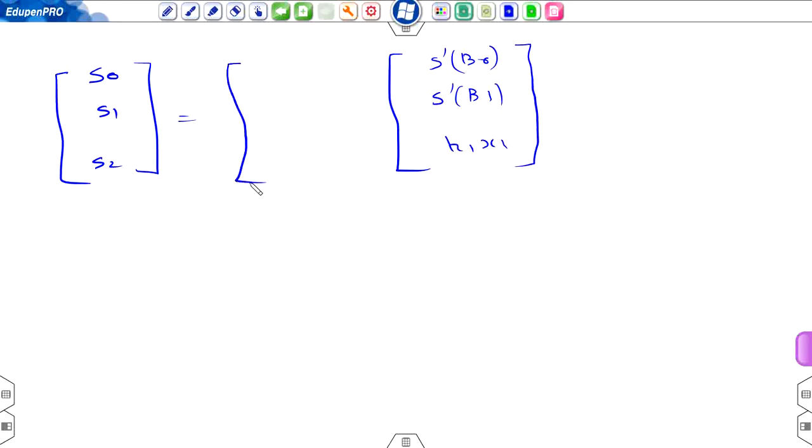Since this is a 3 cross 1 matrix, 3 rows are mandatory, so 3 rows are also mandatory for the coefficient matrix, and the number of columns will also be 3, so that they both can be multiplied. The elements of this matrix can be derived very easily.